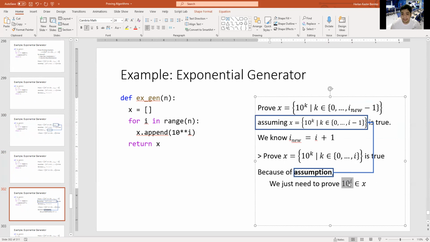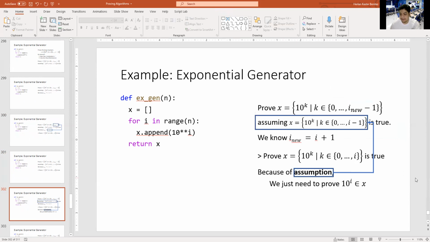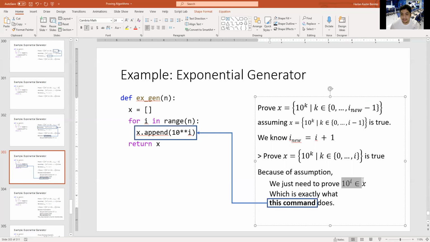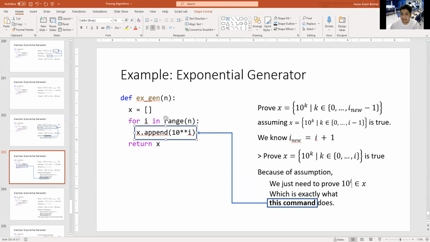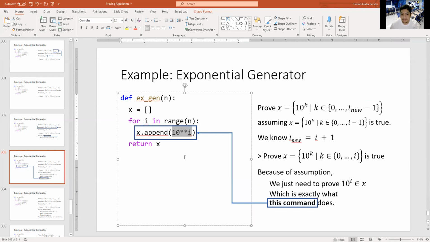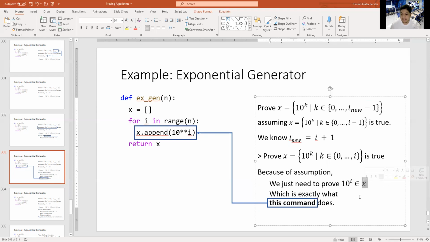And medyo trivial lang yung proof kasi yung command na to, x append 10 raised to the i, yun exactly ginagawa. Once this executes, we are sure na 10 to the i, yun nasa loob nung ina-append natin, is napapasok kay x.